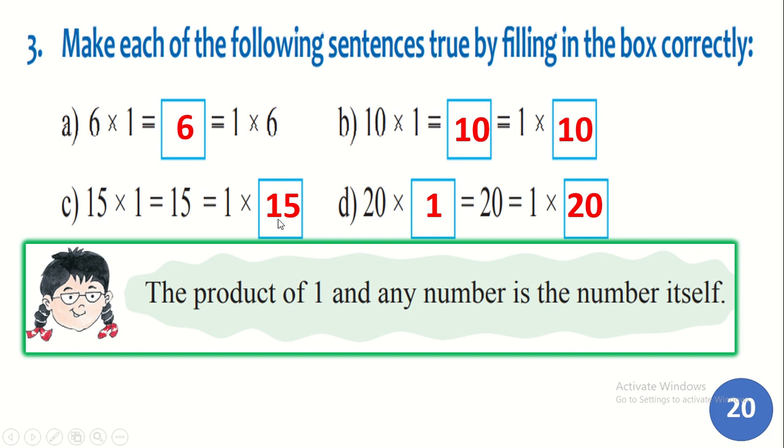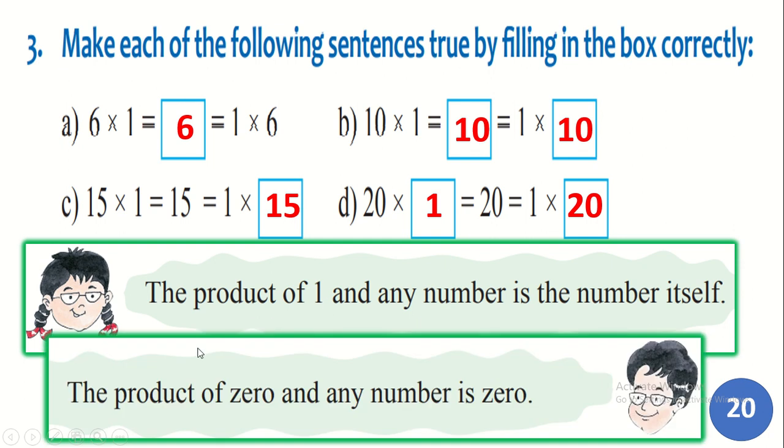If 15, the answer is 15. 10, you multiply by 1, the same is 10. 20, you multiply by 1 is 20. Correct, students? Okay, very good. The last I will give you is the product of 0 and any number is 0. If it is 0, not 1, the result is 0. Any number multiplied by 0 is 0.